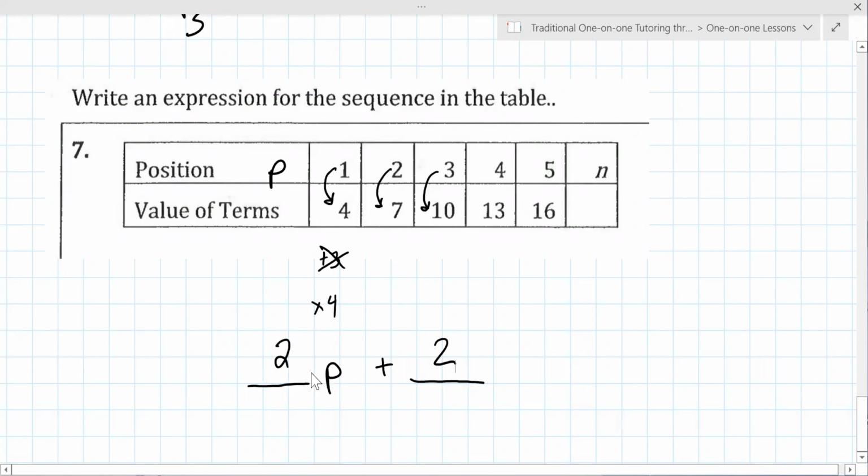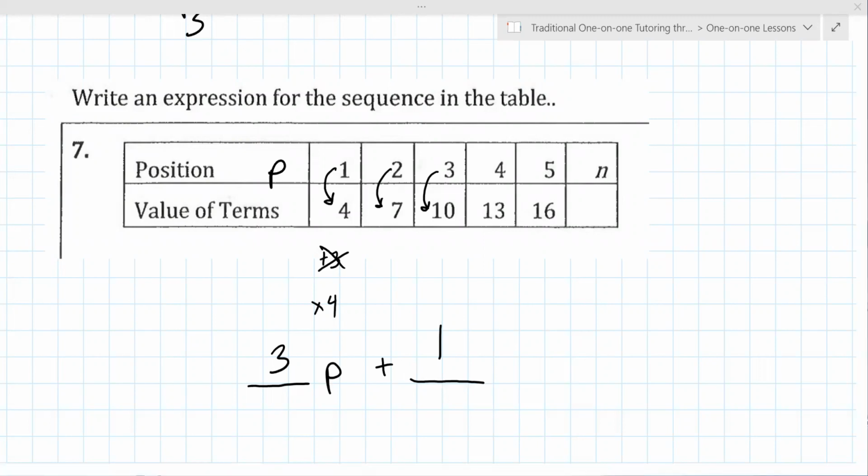Let's try one more. What if it's 3 times P plus 1? Okay, so we do 3 and 1 and it's 4. Does it work for the first one? It works for the first one.